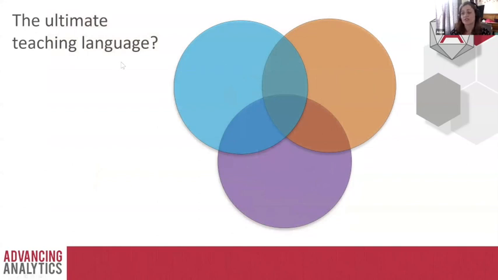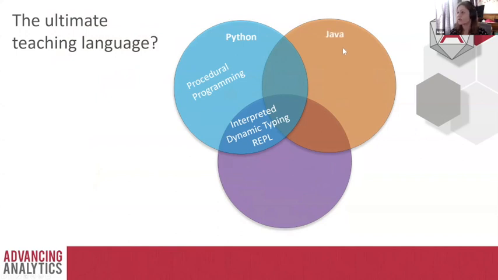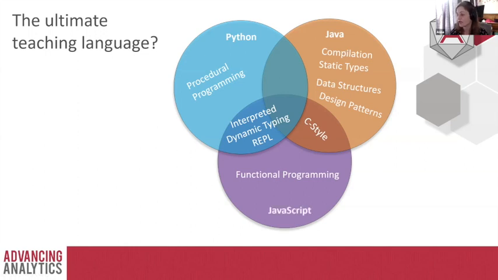Is Scala the ultimate teaching language? Well, the jury is out a little bit on this one, some may argue it. But what I'm putting forward is that we've got here Python on one side, procedural programming, interpreted, dynamic typing, REPL, and on the other side we've got Java, compilation, static types, data structures, design patterns, C-style, and at the bottom here we've got functional programming, JavaScript, and then object-oriented programming, which is overlapping the different languages.